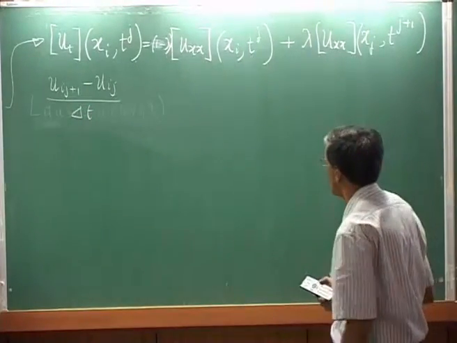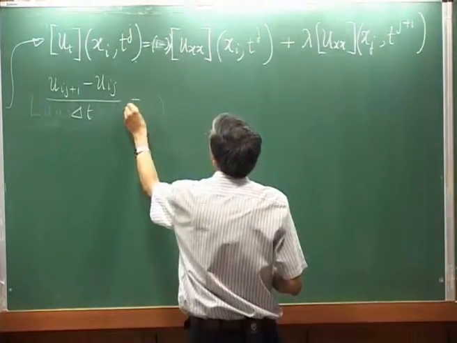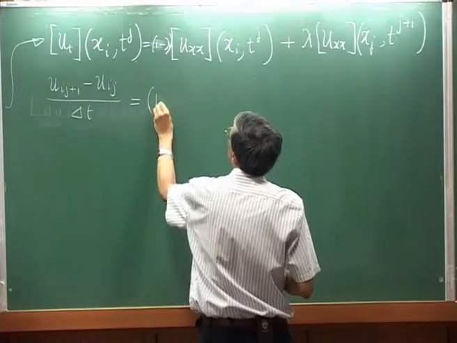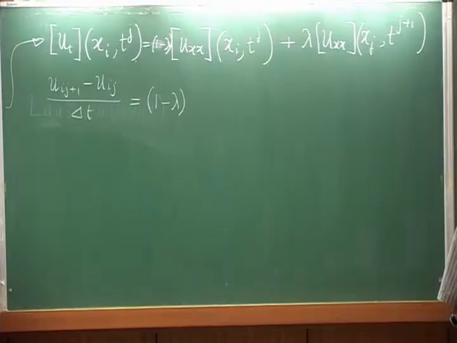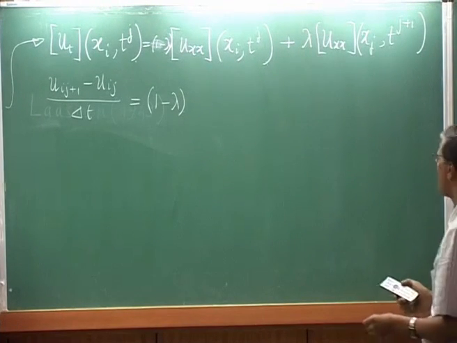This is still the Euler time integration that we are resorting to. All the balancing or subtlety is coming from how we treat the spatial derivatives at different time levels.